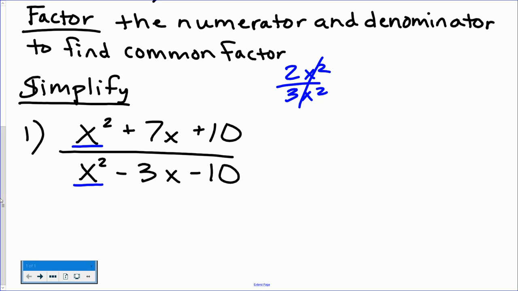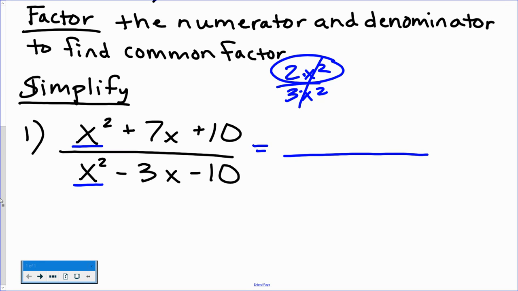The difference is those are multiplying. All right, I am adding 7x plus 10 to this x squared. That makes this problem more difficult, and I cannot divide those out because they're not factors unless it's written in a multiplied form like up top. Okay, so what I must do is I must factor my numerator and factor my denominator.